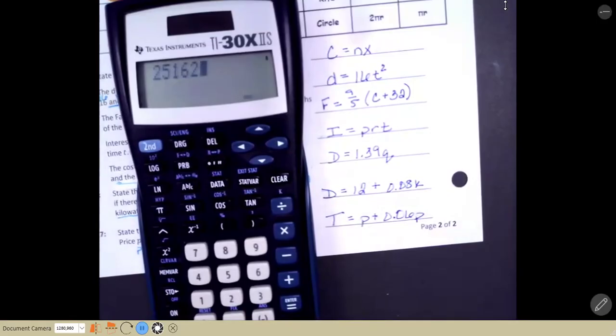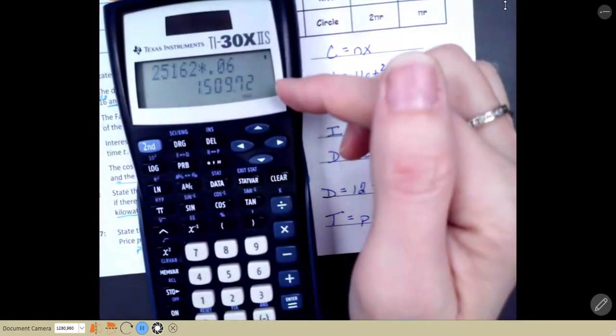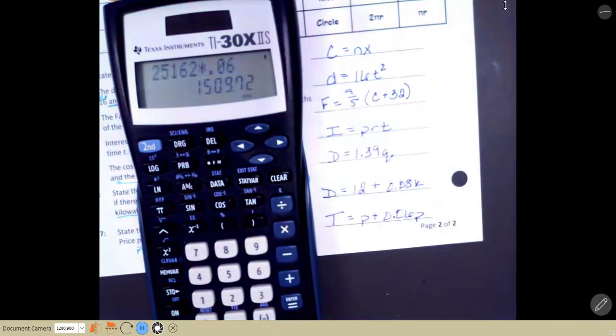Think of it in your head a little bit. Okay, and let's see if you're right. Times 0.06. It's less than. It's $1,509.72. That is the sales tax that you will pay in addition to the total cost of the car.